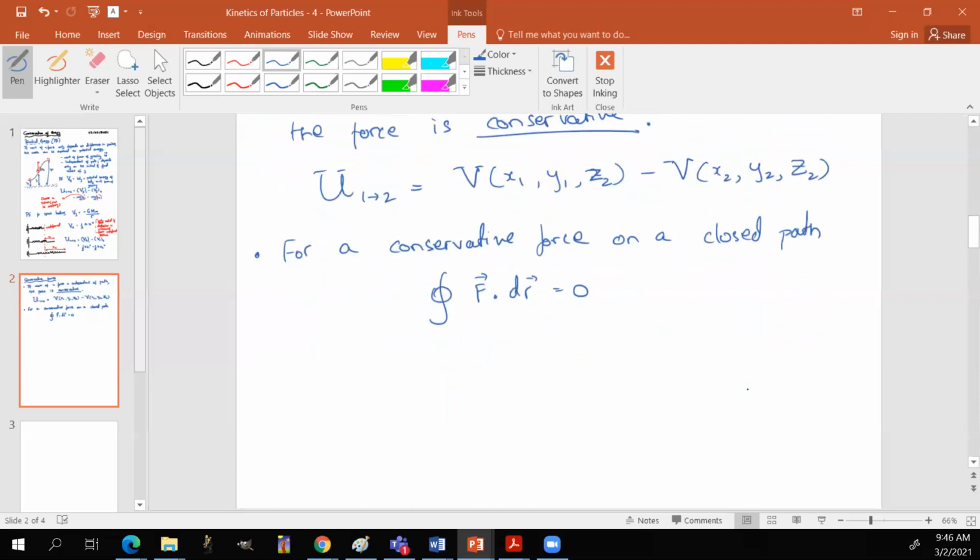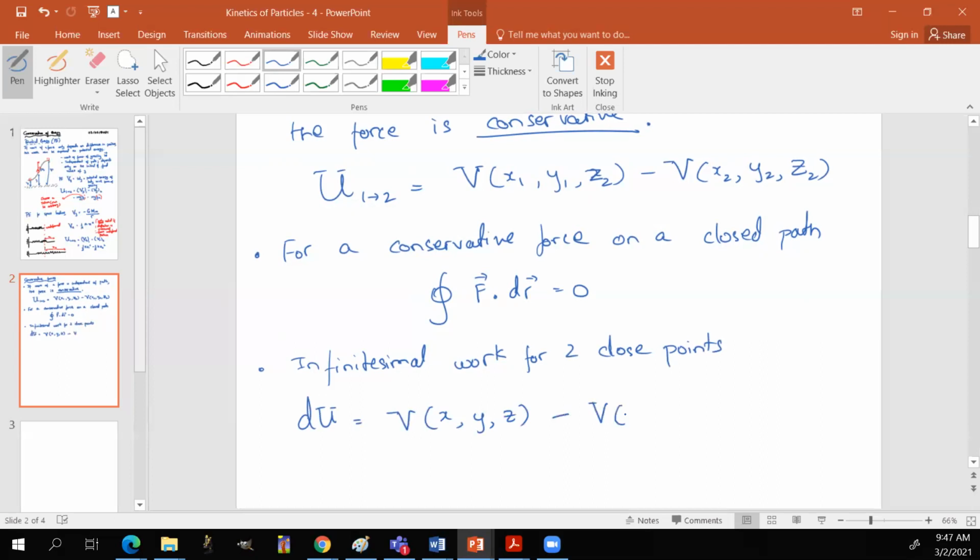And then, some people like to do things in vector form, right? So just to complete that definition, if you have infinitesimal work for 2 points, which are very close to each other, the change in energy is whatever you have, the potential energy at position 1, and then you've moved on to this new position, right?